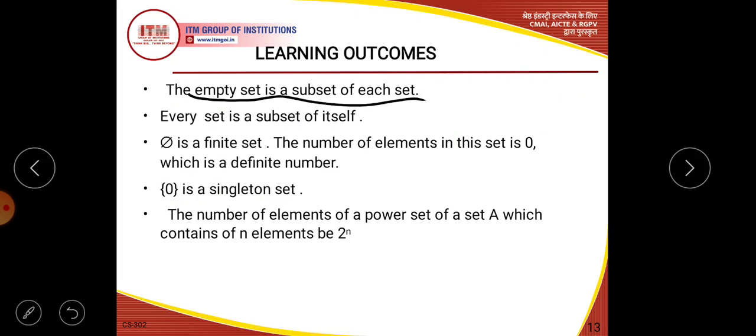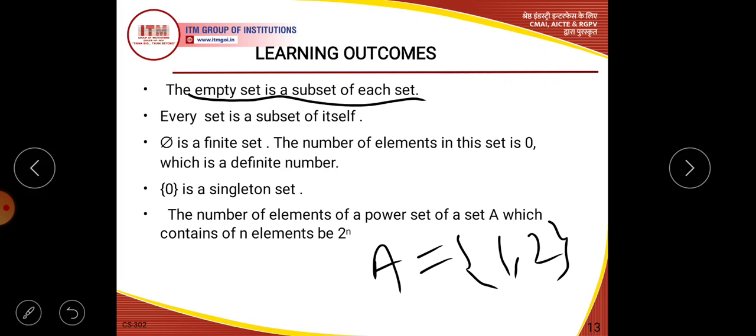Suppose we have a set A with elements 1, 2. This is the set, and A is also a subset of A itself. Now point number 3: phi is a finite set.